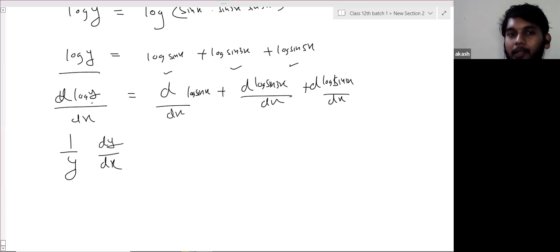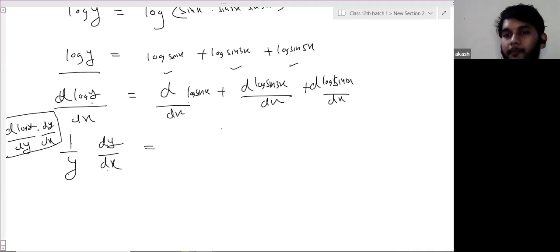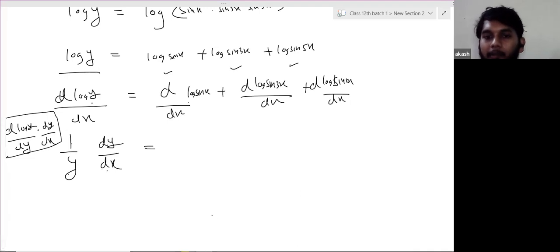So log y gives 1 upon y dy by dx. Why so? d log y upon dy we can differentiate with respect to y, then dy by dx. All right. So this is the reason why we have to multiply dy by dx here, and this is the differentiation of log of sine x. I hope you guys remember the chain rule.